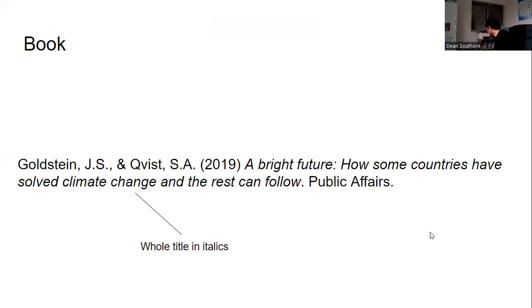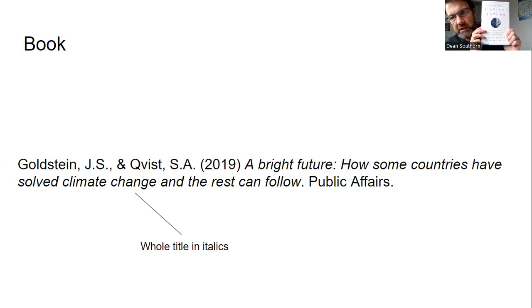I'll show you the book, actually. We've got it here on my bookcase. You can see that, there you go, A Bright Future. And then this is the subtitle, How Some Countries Have Solved Climate Change and the Rest Can Follow.